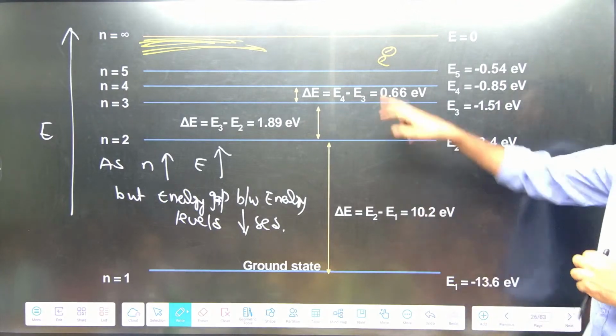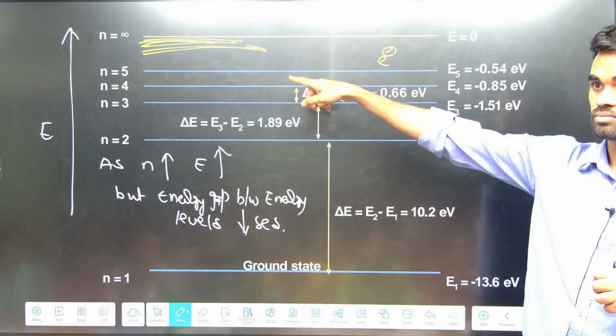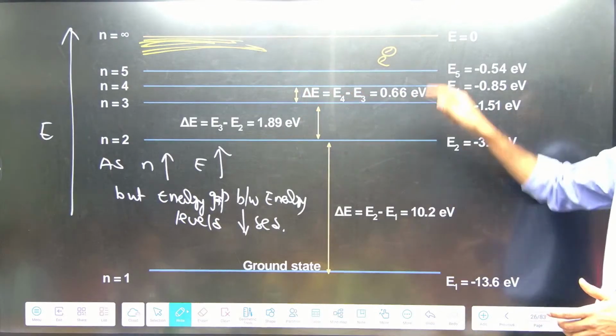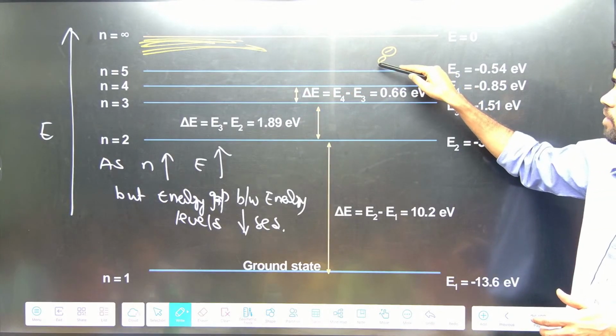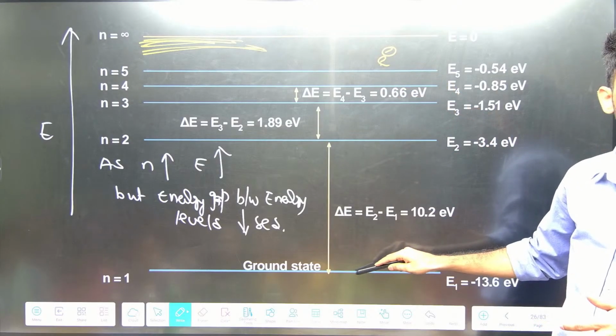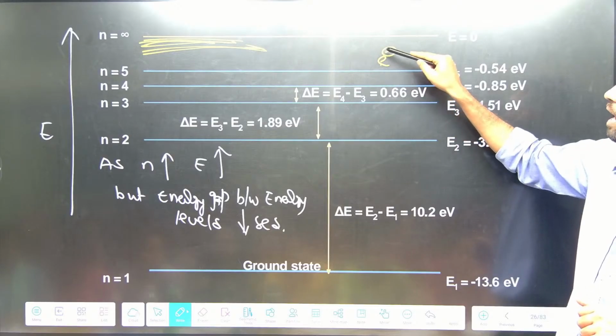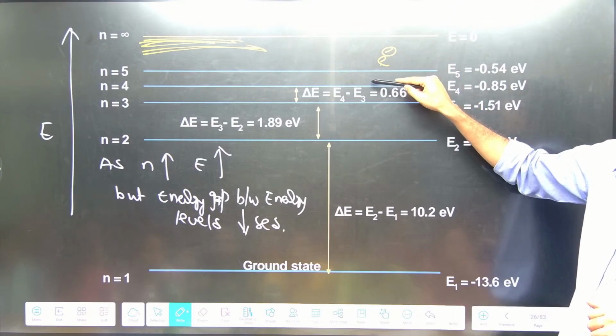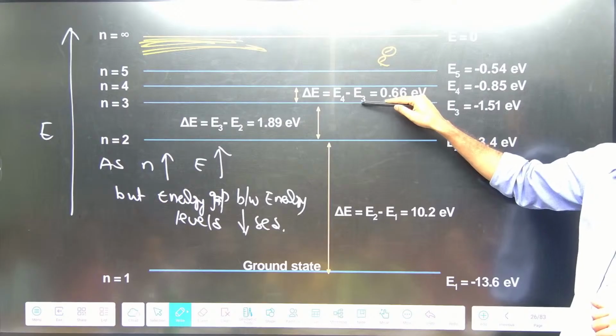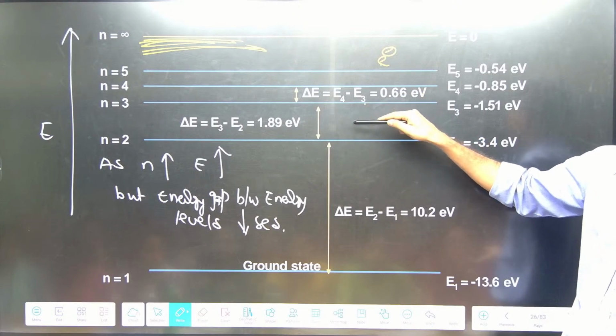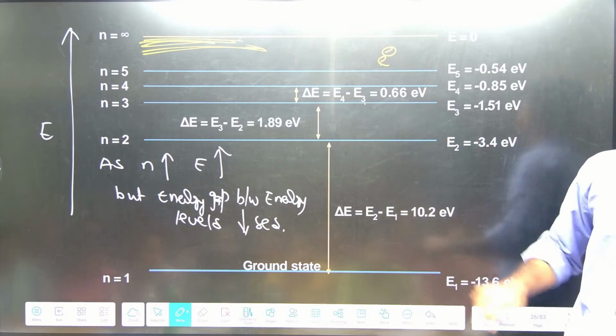Now the electron is at which level? Fifth level. So that electron can directly fall from the fifth level to the ground state. Or the electron can fall from the 5th level to the 4th level, 4th to 3rd, 3rd to 2nd level, and so on.